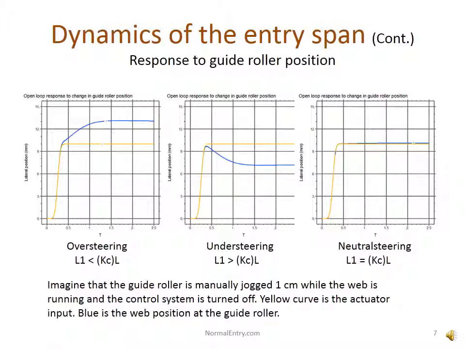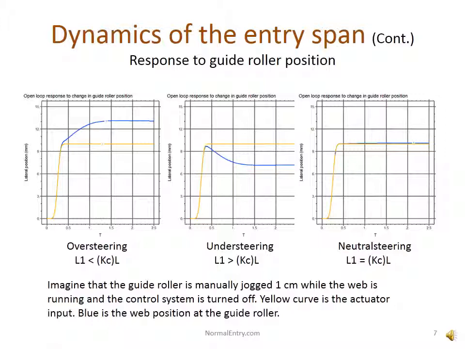If the instant center distance is less than the bending center distance, the web's going to be oversteered, meaning that the change in roller angle which accompanies the lateral motion of the roller will be too great, and the web will have to track forward from its initial position to achieve normal entry.